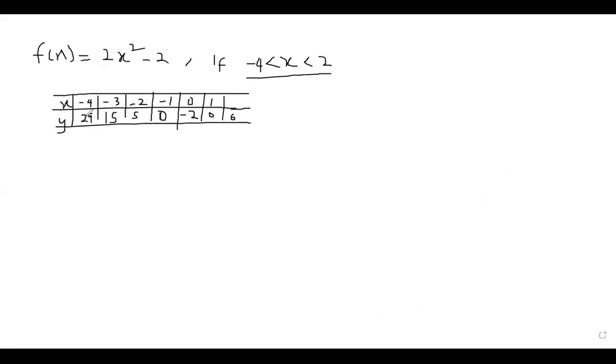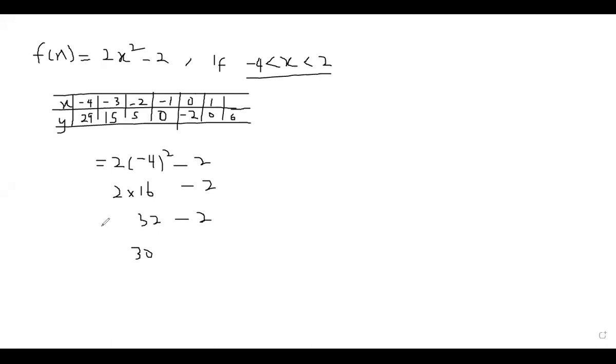Let's just do the first one. Okay, so if x is -4, we have 2 into bracket -4 squared, minus 2. So that will be 2 times 16. It will be positive. 2 times 16 is 32, minus 2 is 30.